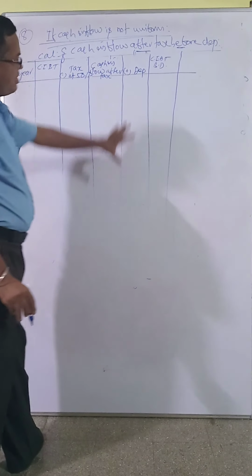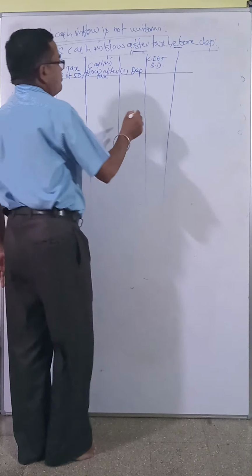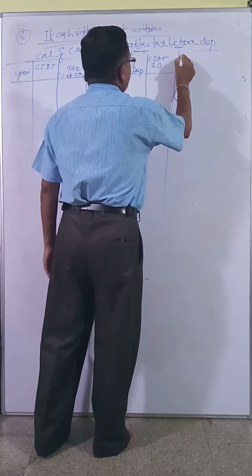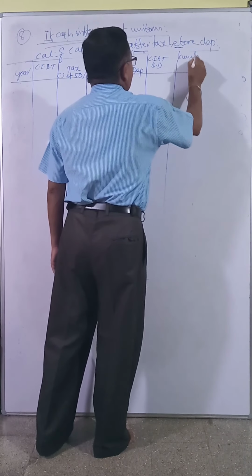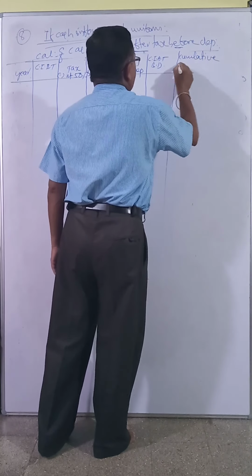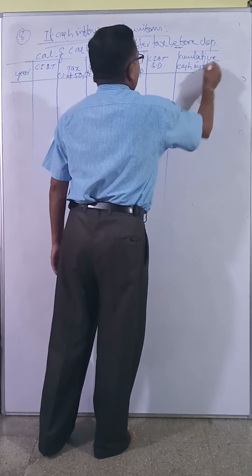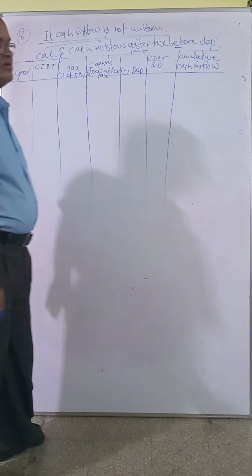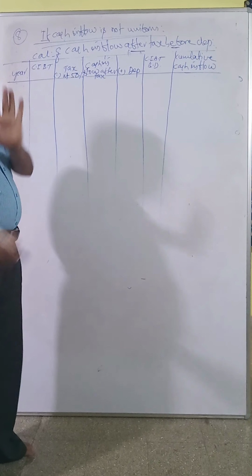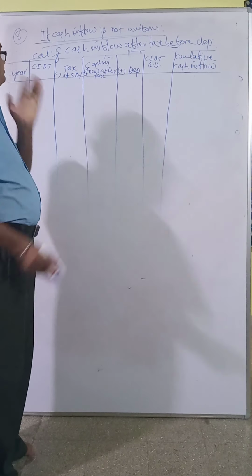And after knowing this, make one more column: cumulative cash inflow. This is the last one. If cash inflow is not uniform, we have to make one more column, cumulative cash inflow.